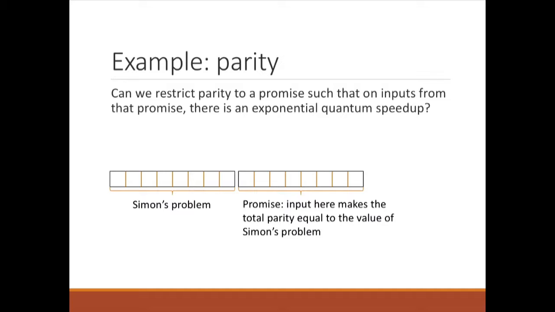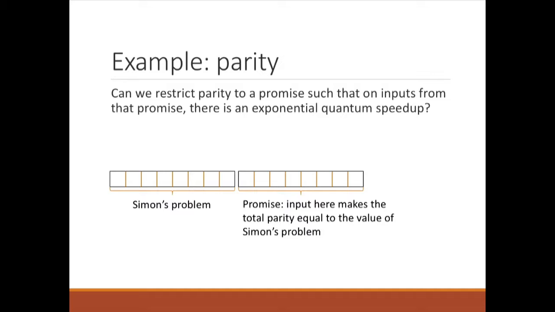And over here, we'll just put in some string such that the total parity of this whole string will be the value of Simon's problem on this string. So this part will just be whatever it needs to be to turn the problem truly into Simon's problem.